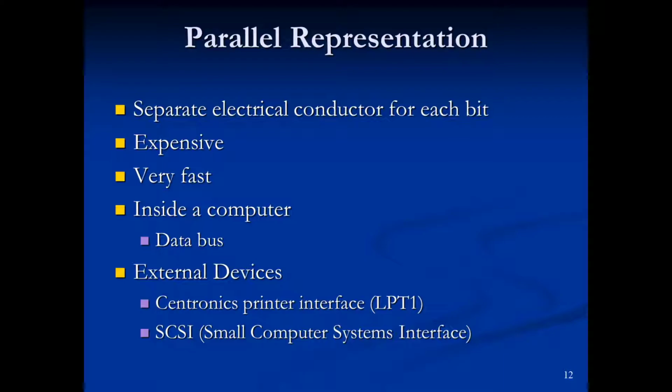A bunch of factors go into why we use serial so prevalently, but the main thing is that parallel is expensive. So typically you'll find parallel in smaller scales, like inside a computer. You'll have plenty of data buses just on a motherboard.